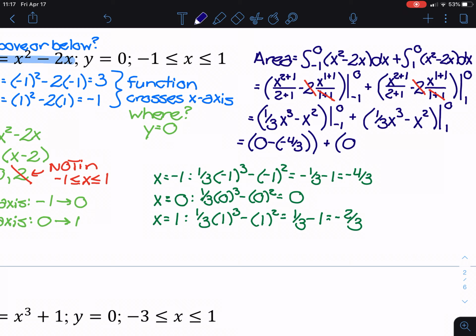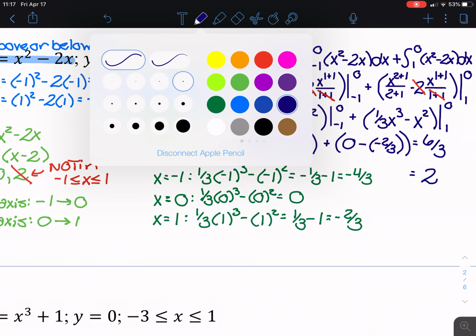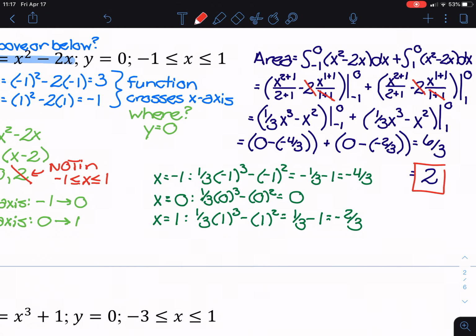So that value is 0. The value at 1 minus -2/3. Okay. So what happens is I have a +4/3 plus a +2/3. That is 6/3, which simplifies down to 2. So the area between my function and the x-axis, between -1 and 1, is going to be equal to 2.